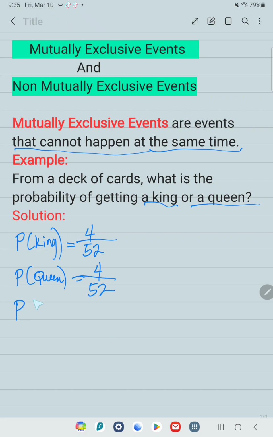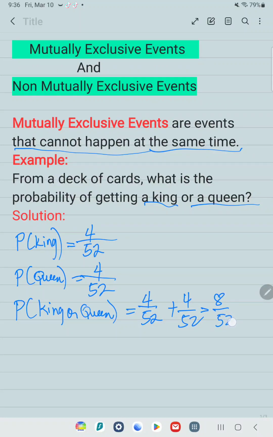Now, to get the probability of getting a king or queen, we're simply going to combine. Why? Take note of this: or means union, and in union we are just combining the outcomes. It means we are just going to add 4 over 52 plus 4 over 52, and this is equal to 8 over 52.